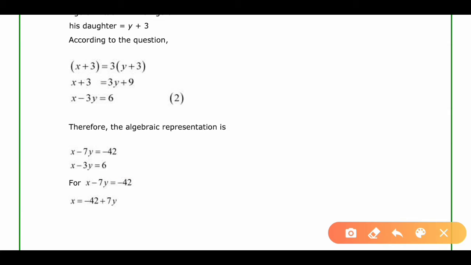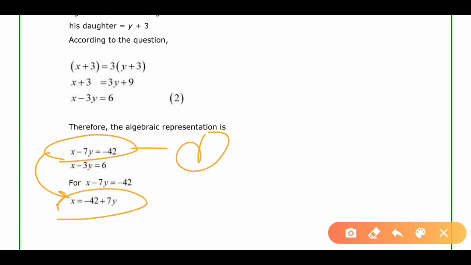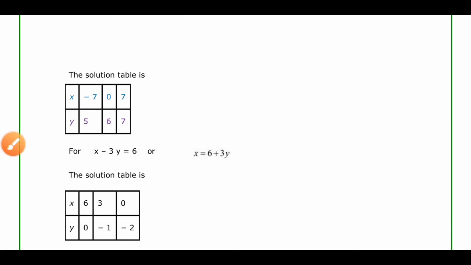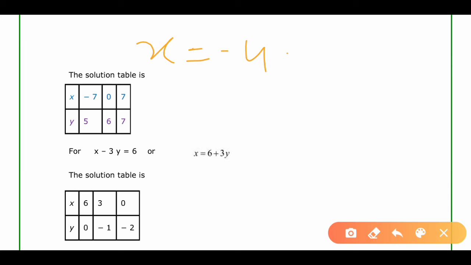Now from equation number 1, we can write x equals to minus 42 plus 7y. Now using this equation, we'll create a table. Using this equation, we got this table.